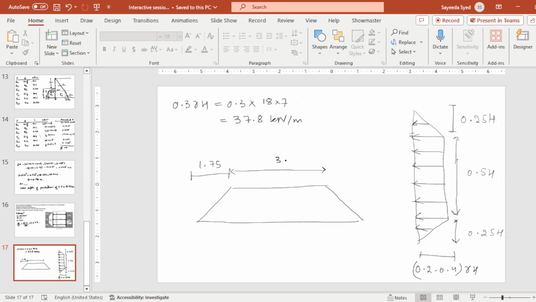So that is our diagram. Now let us try to locate the struts from this diagram.